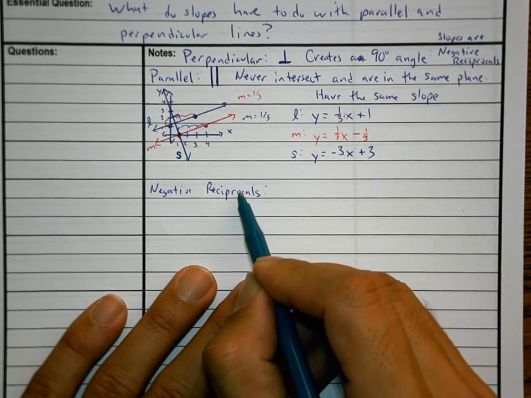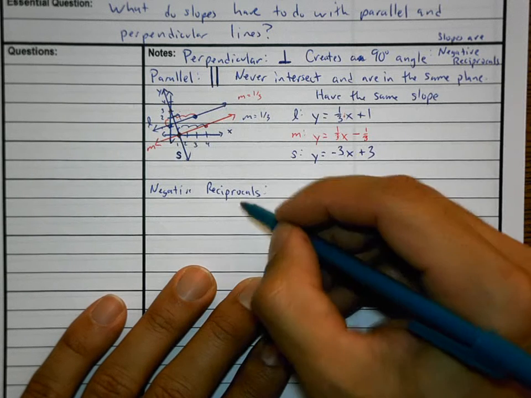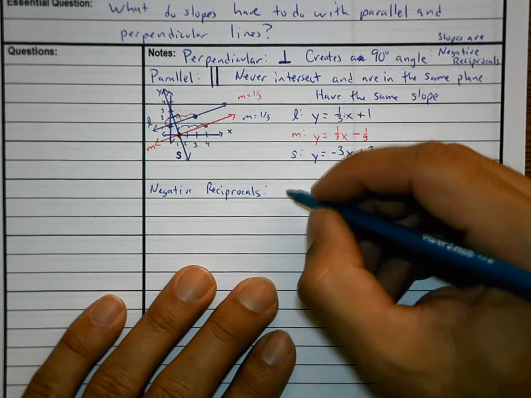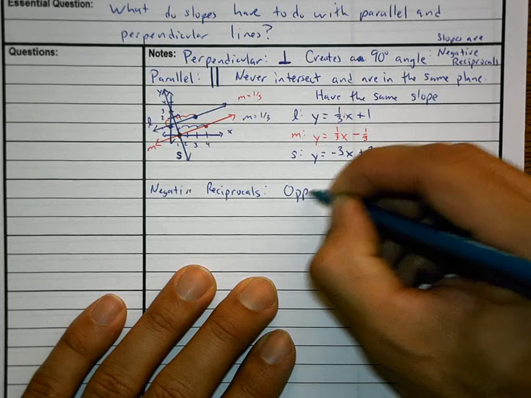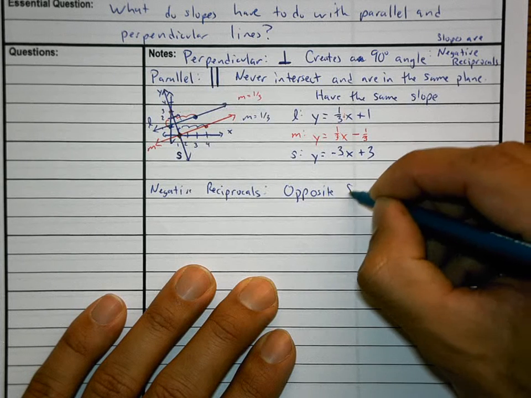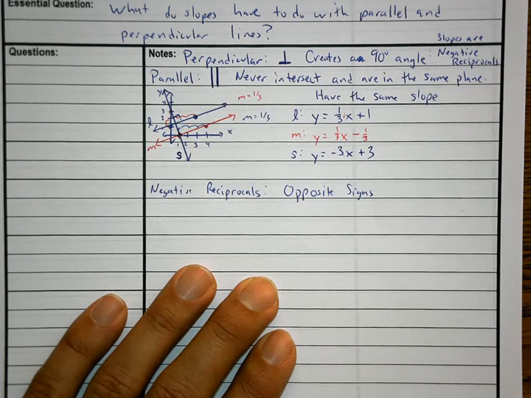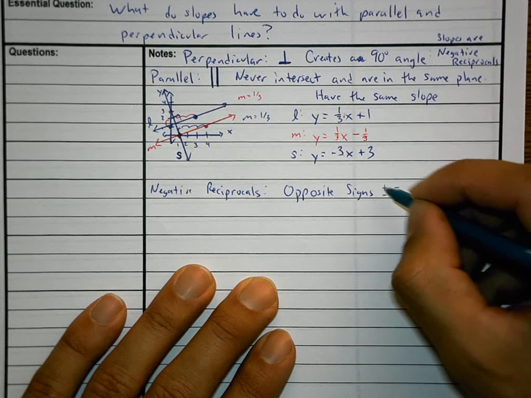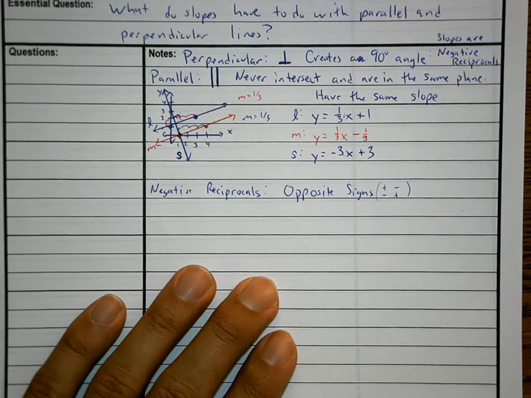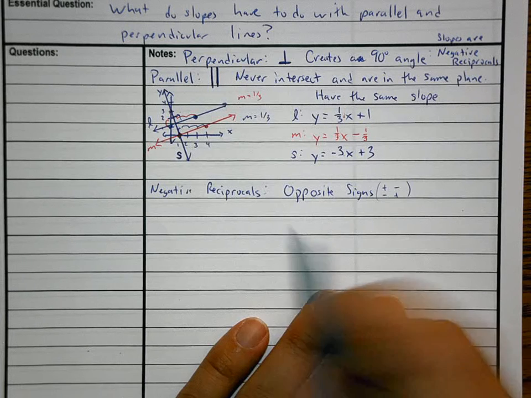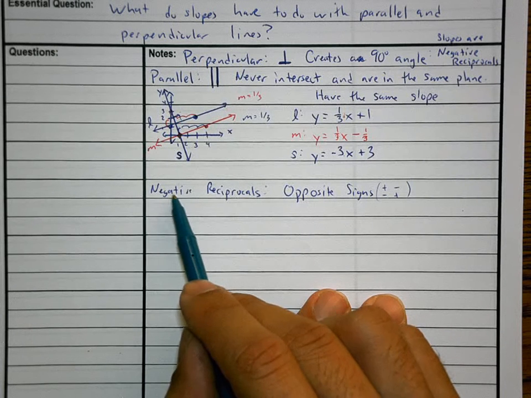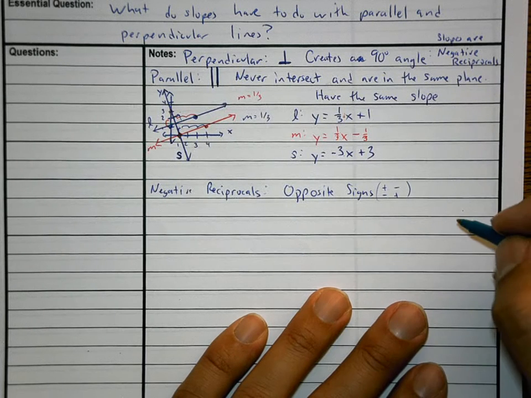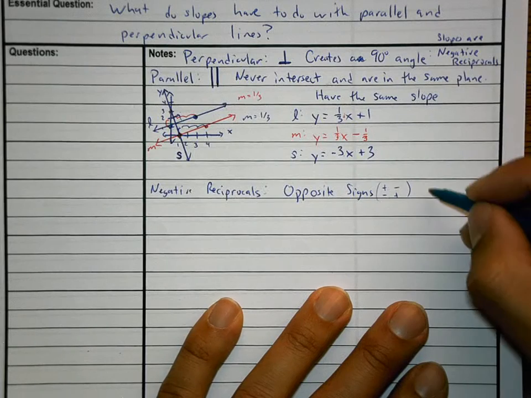It means that they're going to be the opposite signs of each other. Positive to negative. Negative to positive. They are going to be opposite signs, and they are going to be flipped. That's what negative means. Reciprocals means that they are going to be flipped fractions.